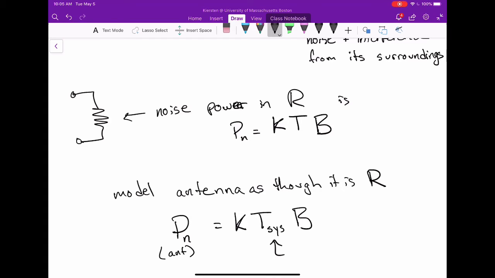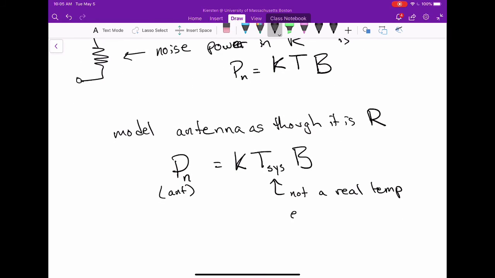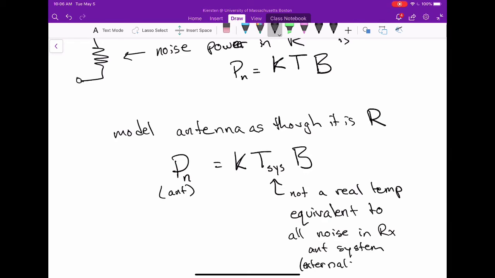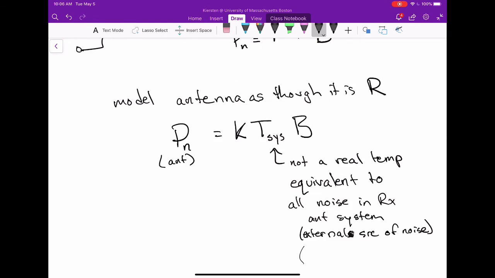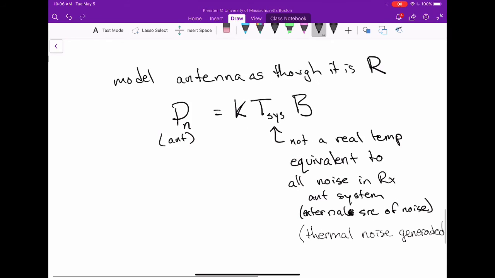And the system noise temperature is not a real temperature, but it is calculated to be equivalent to all the noise sources that are present in the receive antenna system, like external sources of noise, and thermal noise generation in the antenna itself.